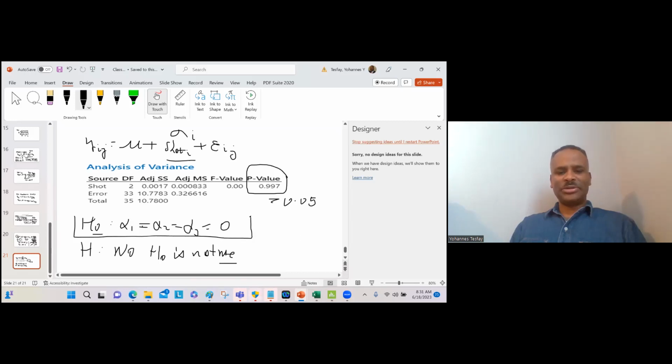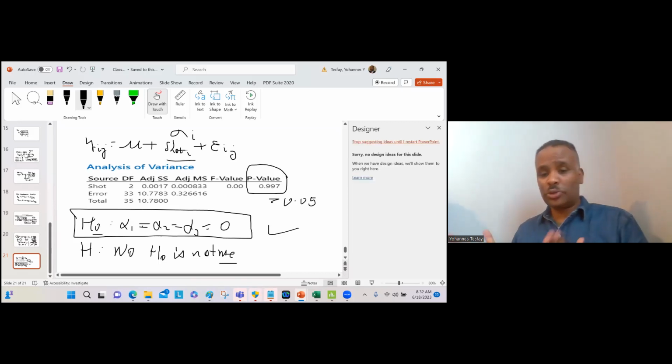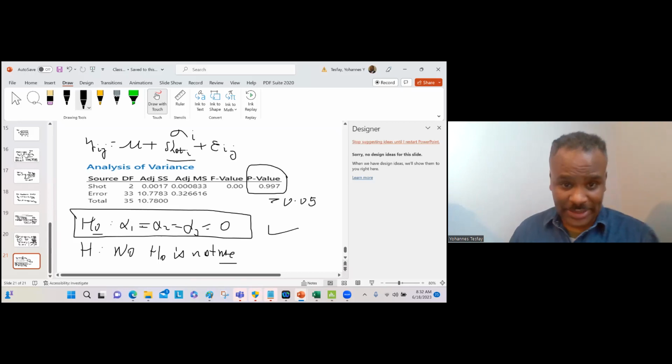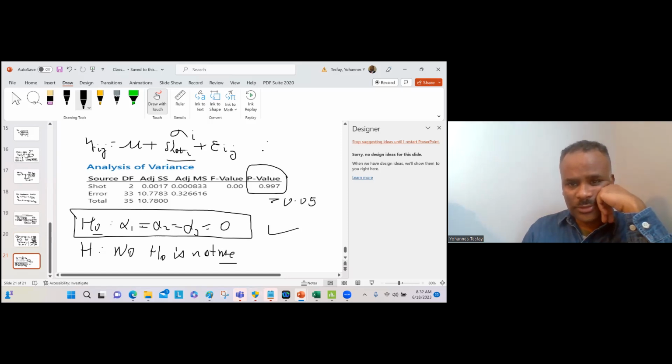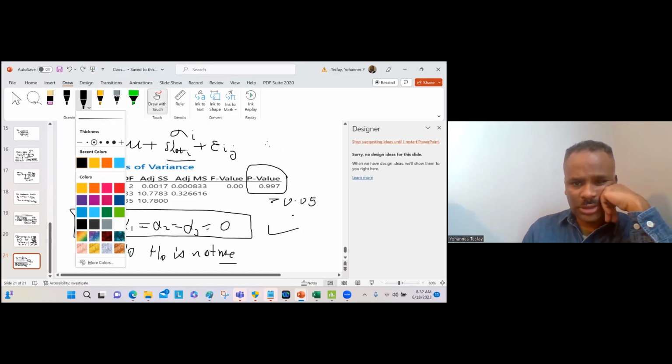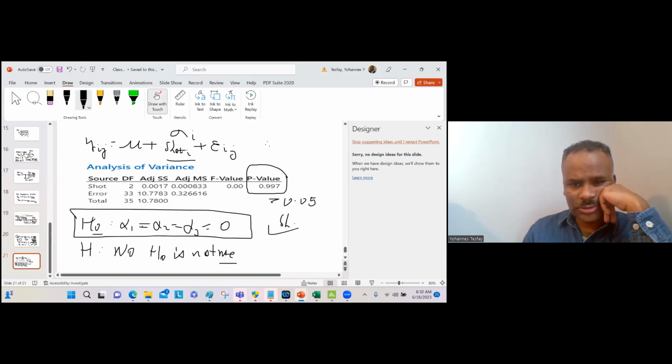So you see, whether it is shot one, two or three, there is no difference. Therefore, shot has no effect.